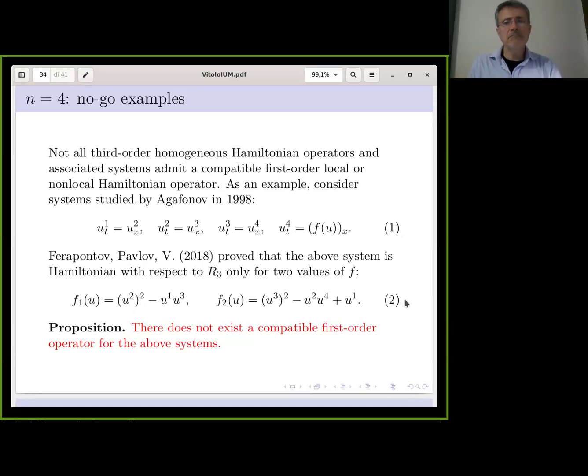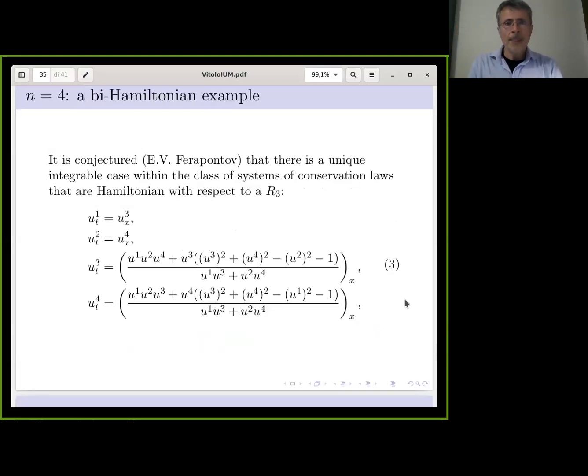So it's unlikely that such systems, although Hamiltonian, are integrable. But this is a kind of no-go example. So it's not true that if you take a Hamiltonian system with respect to a third-order operator, it will be automatically integrable, at least in the Bi-Hamiltonian sense, in this category.